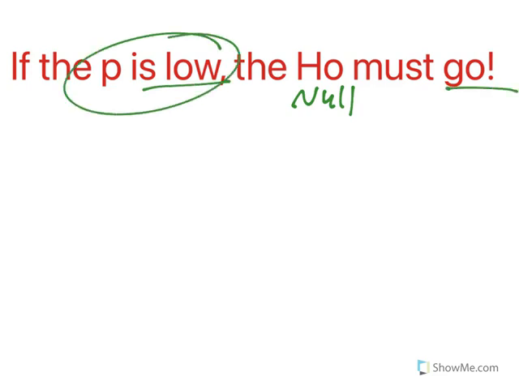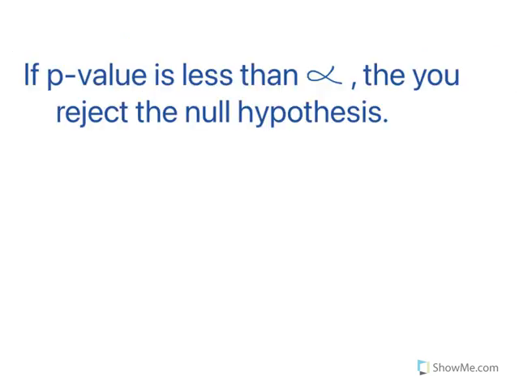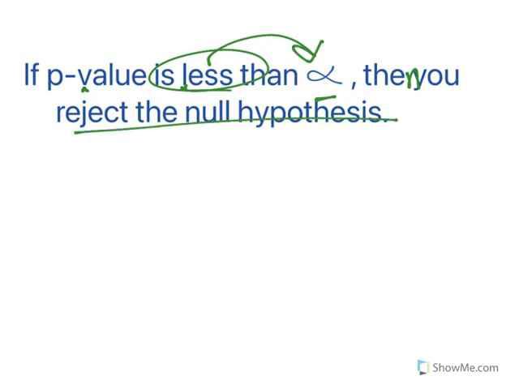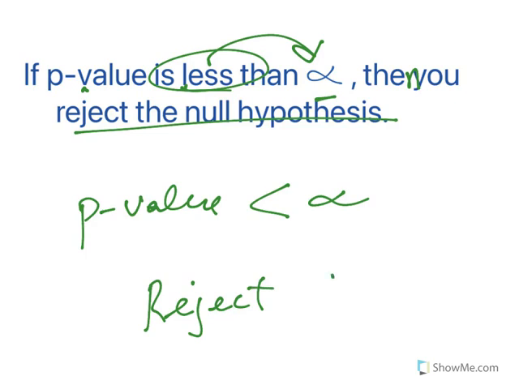Now, when I say low, what does low mean? Well, that's fair. Basically, if the p-value is less than alpha, then you reject the null hypothesis. So if the p is low, then the H-O must go. If your p-value is less than alpha, then you reject the null hypothesis.